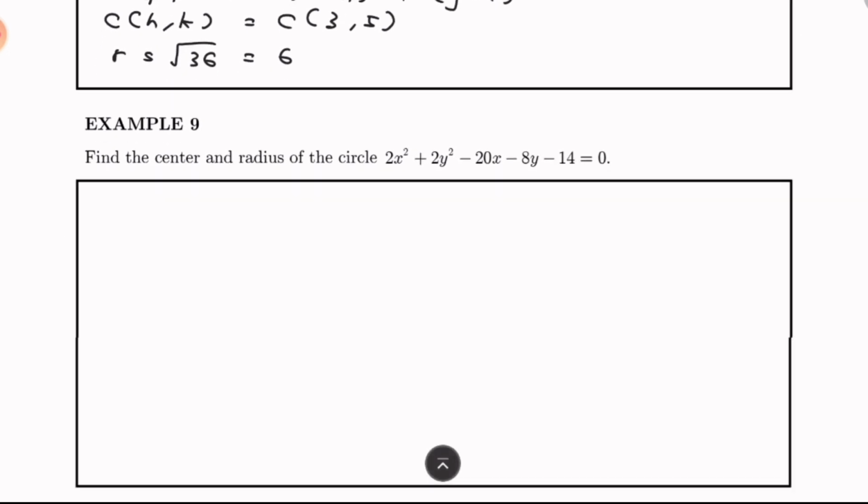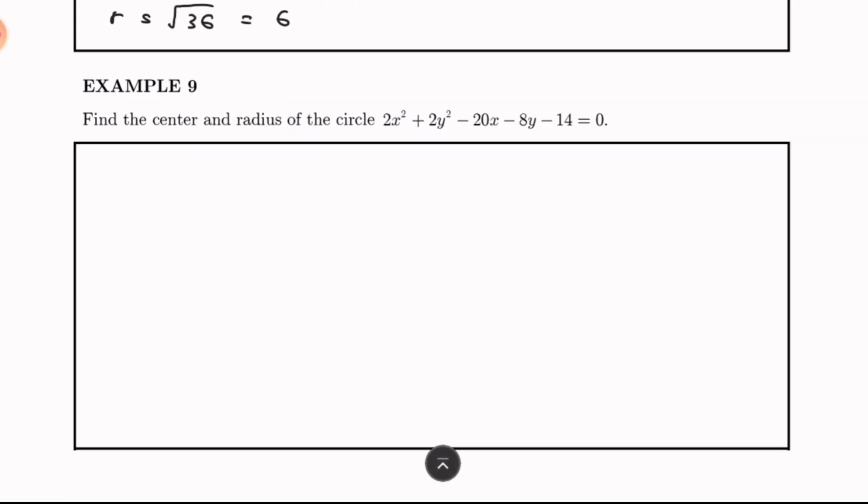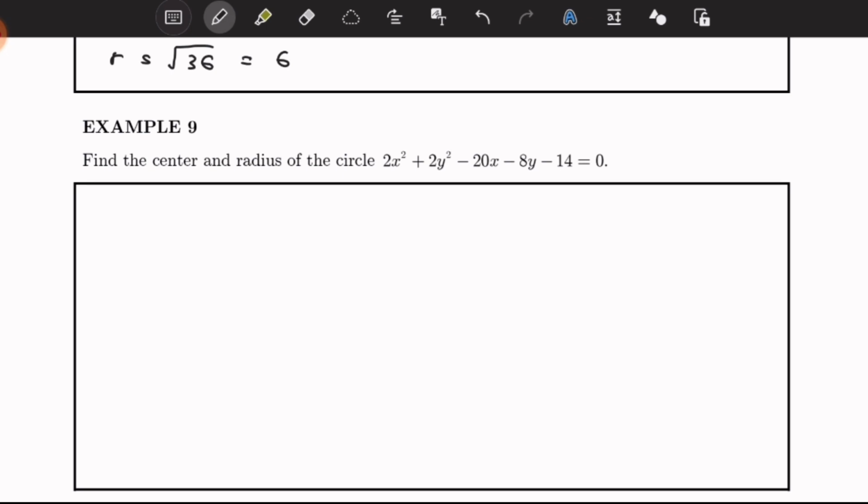Let's proceed to example 9. In example 9, the question asks us to find the center and radius of the circle with the equation 2x squared plus 2y squared minus 20x minus 8y minus 14 equals 0. We need to simplify this equation first.